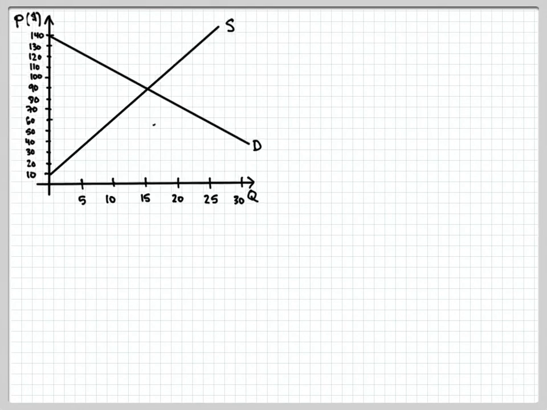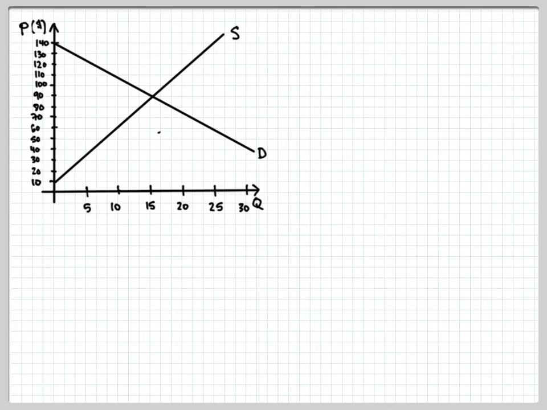The upshot of this is a nice statement about markets and market equilibrium. The result here is that the value of Q that maximizes total surplus has to be the equilibrium.